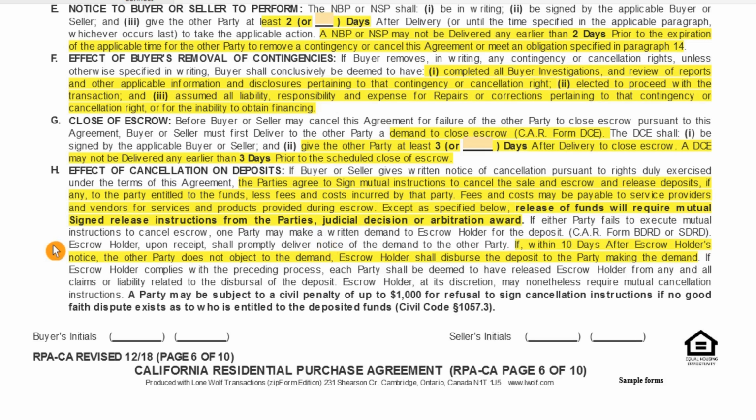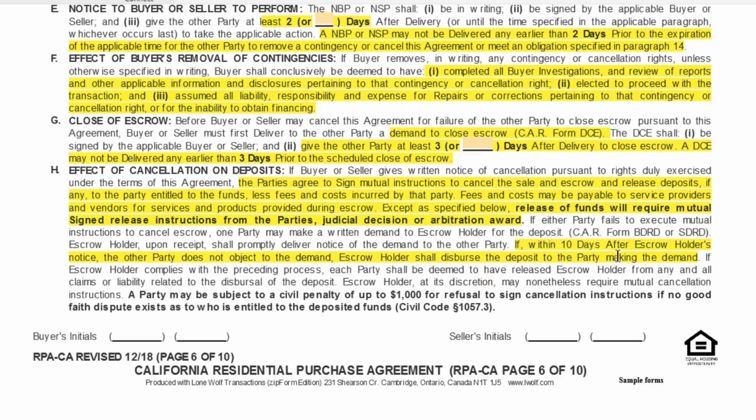And then if either party fails to execute the mutual instructions, then the other party can make a written demand to the escrow holder for the deposit. And the escrow holder, upon receipt, shall give a notice of that to the other party.